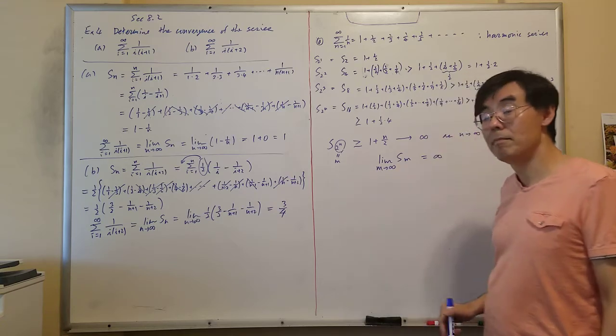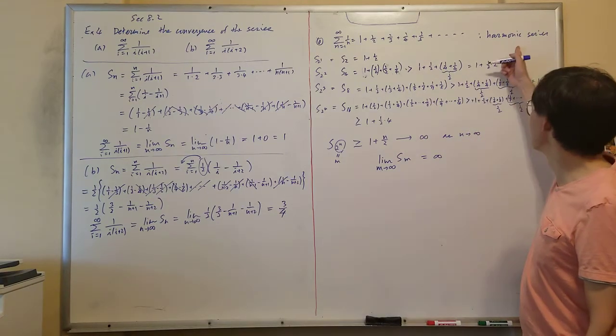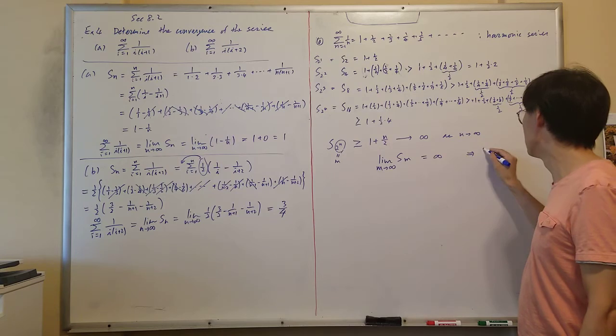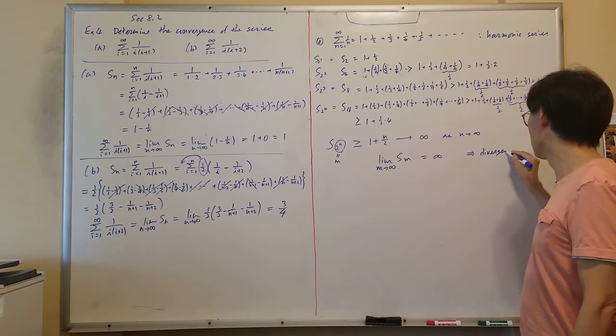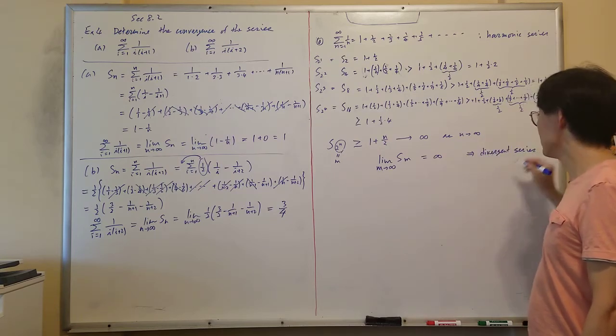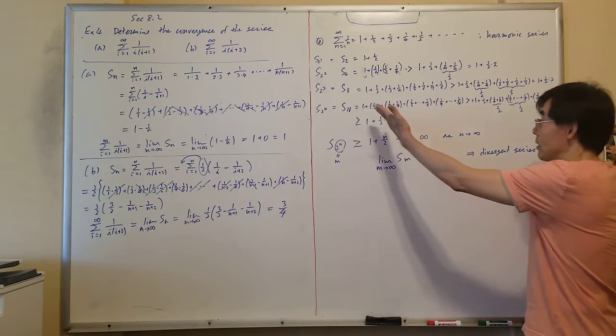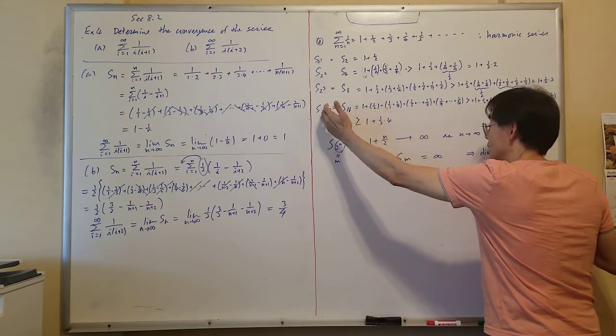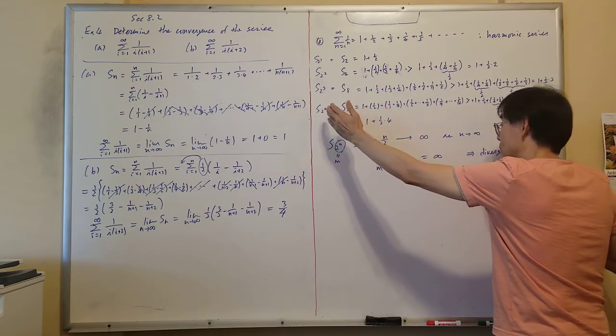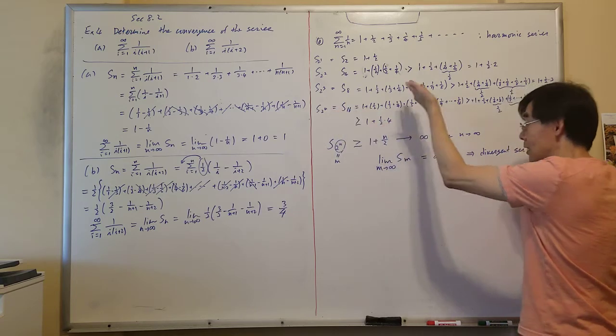So I call it m. Alright? So that's why it is divergent. Divergent series. Okay? So more or less, if you go twice many more terms each time, you grow steadily.